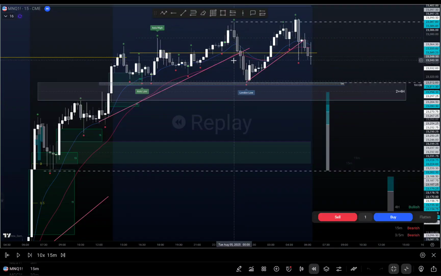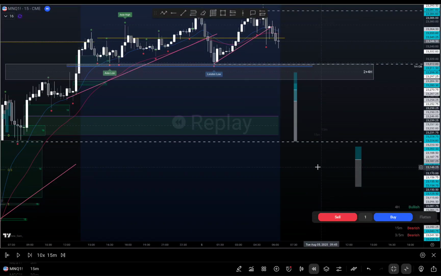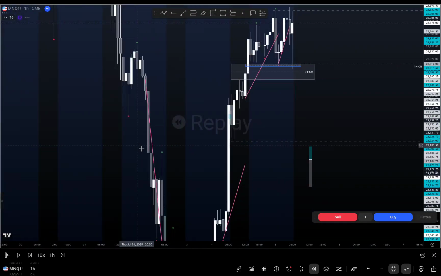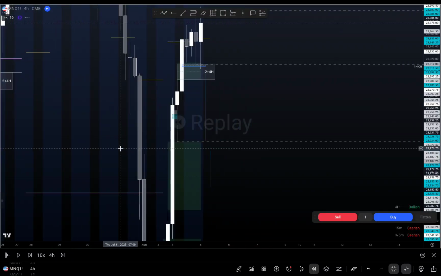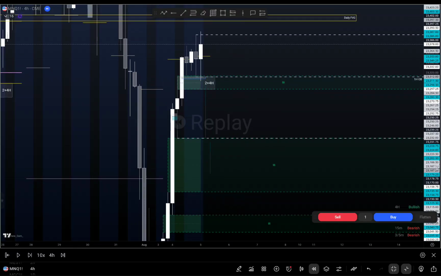It is showing that it is ready to sell and to go down, and typically it goes down to a major, looks like 4-hour zone. This is a 1 hour. Yeah, it looks like it breaks down to a 4-hour zone. This is a 4-hour fair value gap.